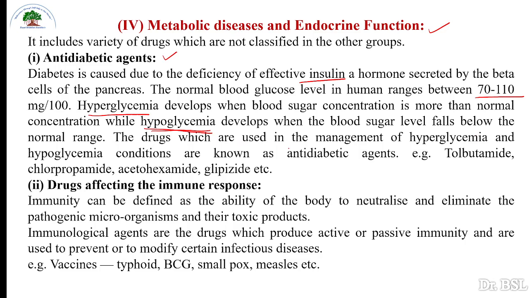The drugs which are used in the management of hyperglycemia or hypoglycemia are known as anti-diabetic agents. So any drug effective against a diabetic condition is known as an anti-diabetic agent.